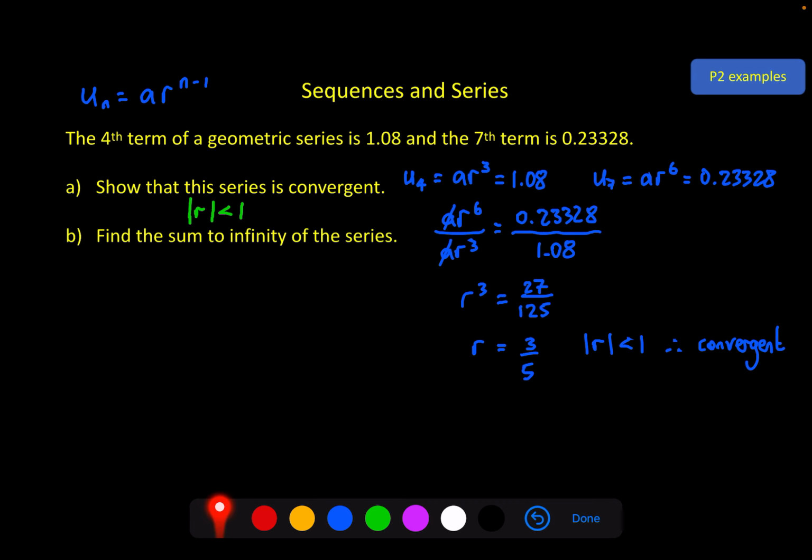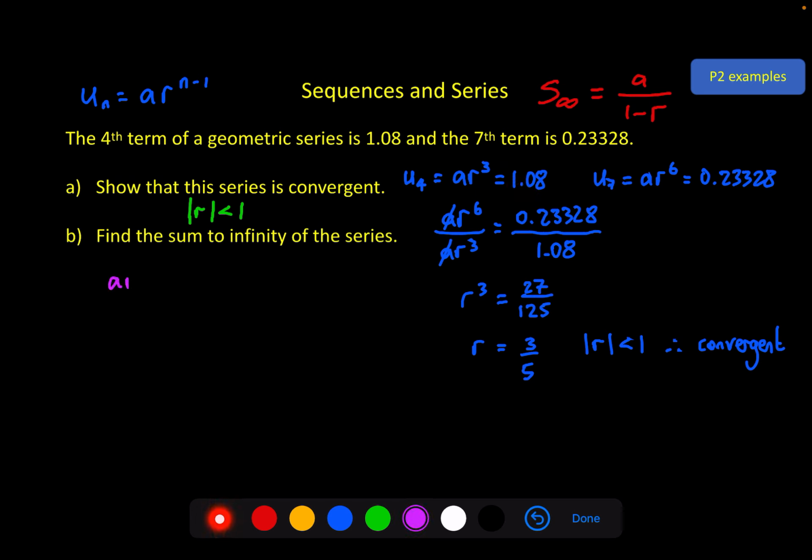To do that, we're going to use the formula we had on the previous page. And we know r, and we also need to find a. We can find a by putting r back into one of these two equations. So we know r cubed is this, so I'm going to put it back into here.